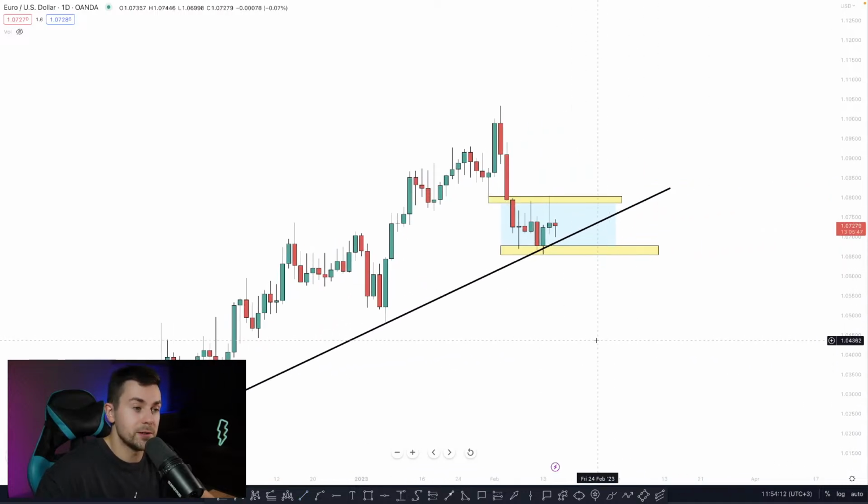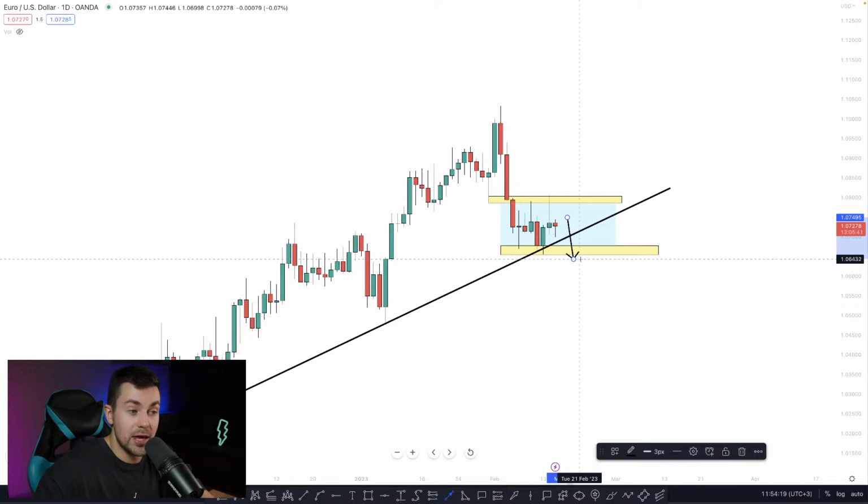So what is my suggestion right here? If the price breaks and closes below the trend line and that horizontal structure, it will give us a very nice bearish signal. And then we can look for shorting on a retest.